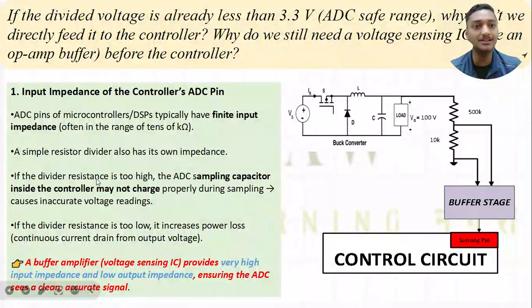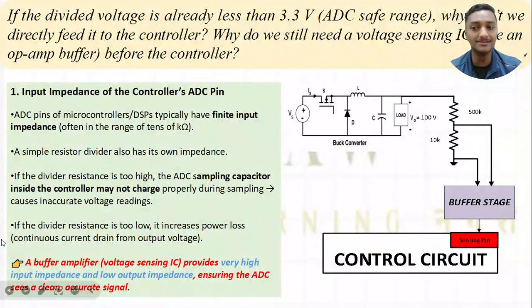The theory is that if the divider resistor is too high, the ADC sampling capacitor inside the controller may not charge properly during sampling, causing inaccurate voltage reading. There is a sampling capacitor inside this control unit, and if the total divider resistance is very high, then the sampling will not be proper.